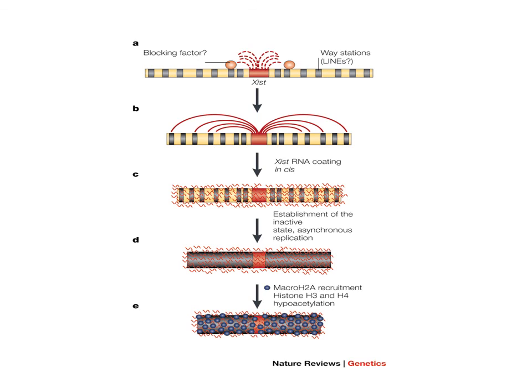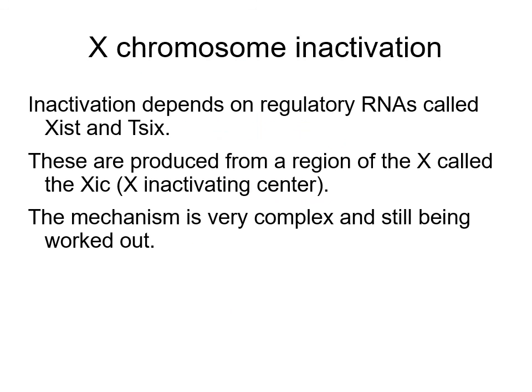From that point onward, that same X will remain the inactive one. So we need the regulatory RNAs like Xist, and the actual mechanism for how the condensation and the recruiting of the remodelers occurs is certainly still being worked out.